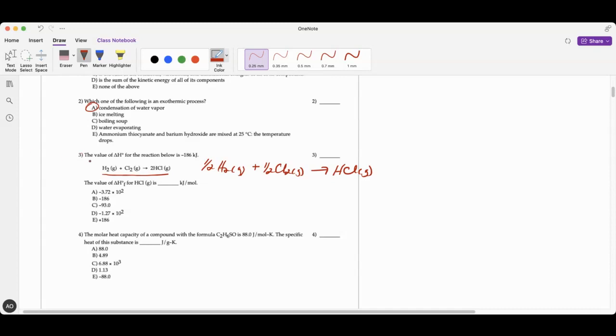So basically what we need to do is divide the negative 186 by 2, and because we divided the coefficients by 2, a negative 186 divided by 2 is a negative 93. So the answer here is C. So it's a negative 93 kilojoules.